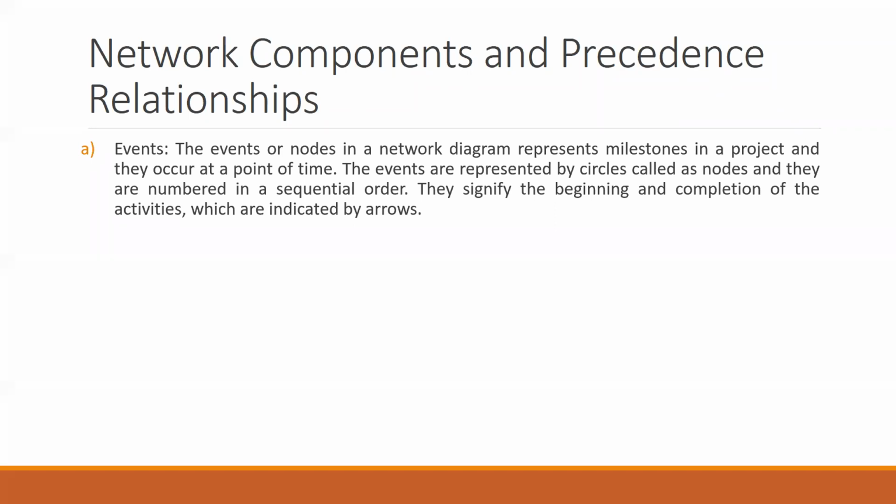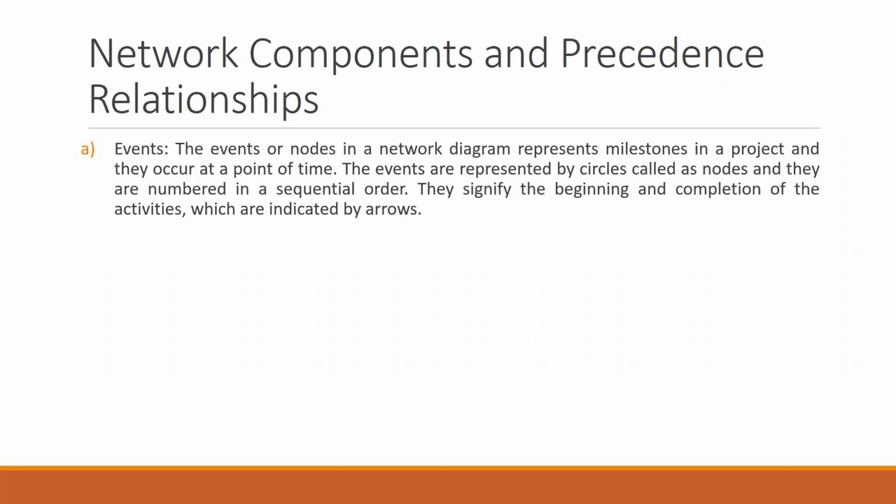That is your point of time for that particular milestone to be achieved. Events only indicate the accomplishment of a particular process in the whole project, and they do not consume any resources or require any time themselves.